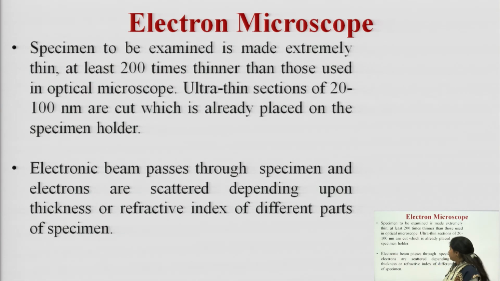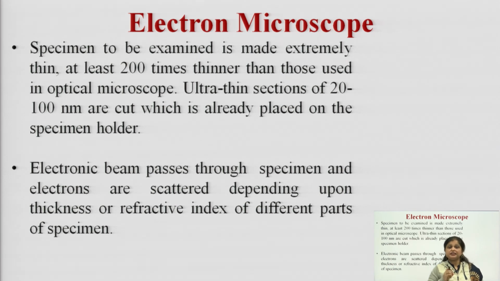The specimen to be examined is made extremely thin. When we are going to use the electron microscope, we have to cut the specimen into thin sections. We can't use thick sections for this because we have to see the organelles within the cell structures.